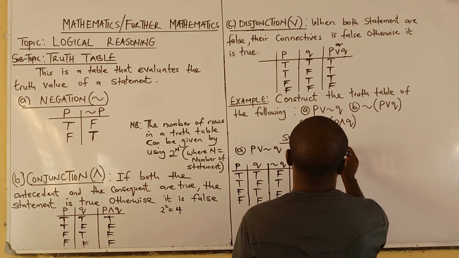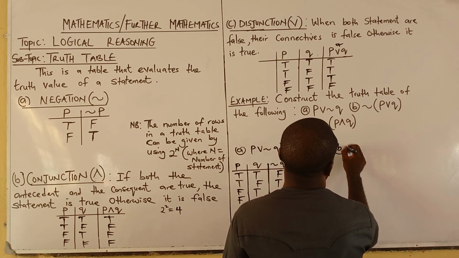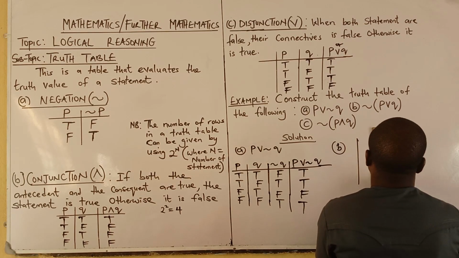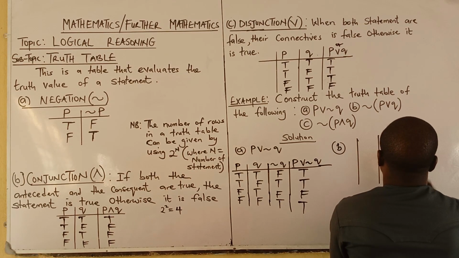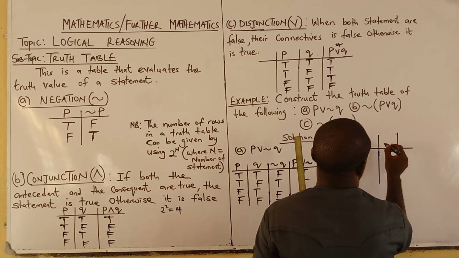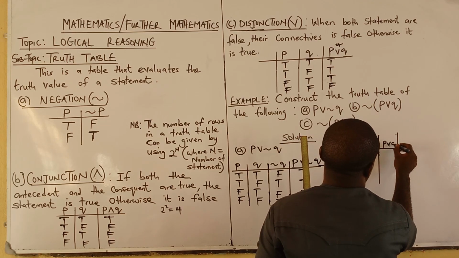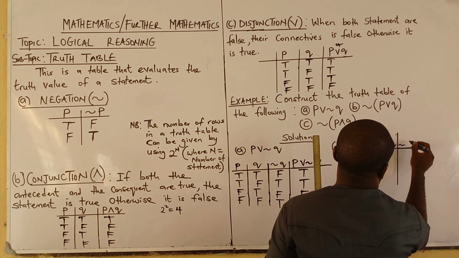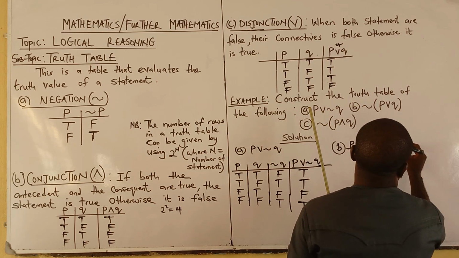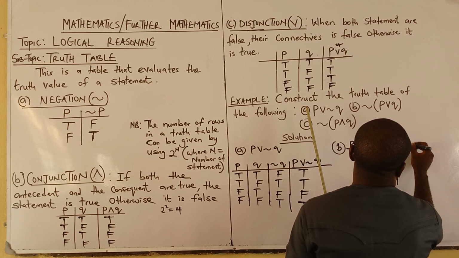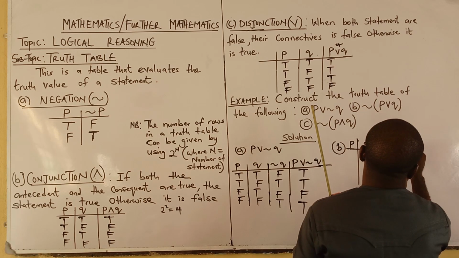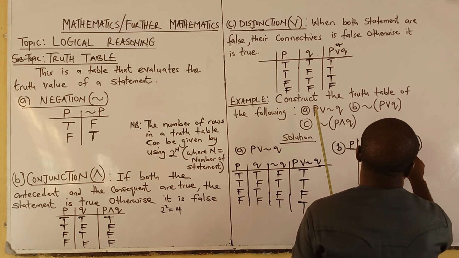Now let's go to the B part. This is P, Q, P disjunction Q. Here, negation of P disjunction Q. This negation, please.